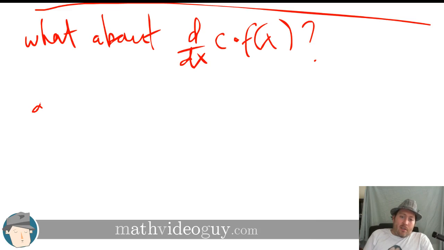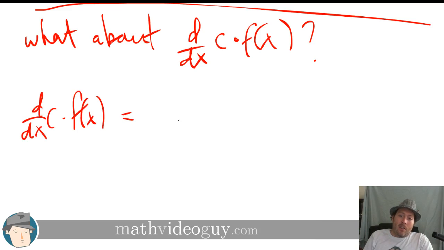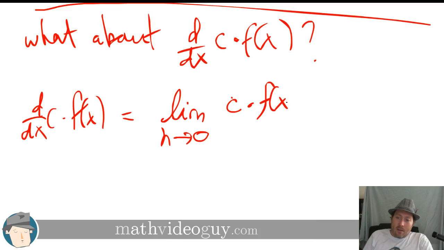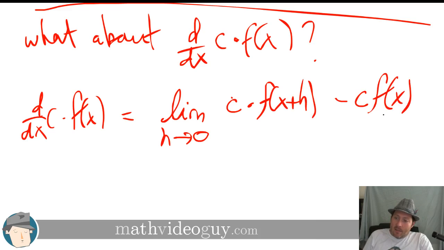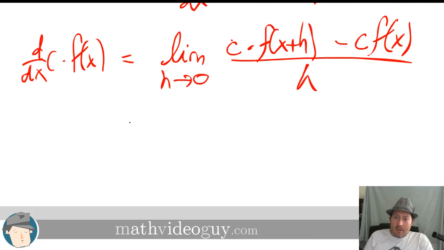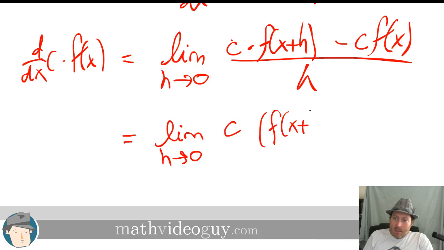So d/dx of c times f of x is equal to the limit as h goes to 0 of c times f of x plus h minus c times f of x all over h. And we can pull out the c and say that that's c times f of x plus h minus c times f of x.